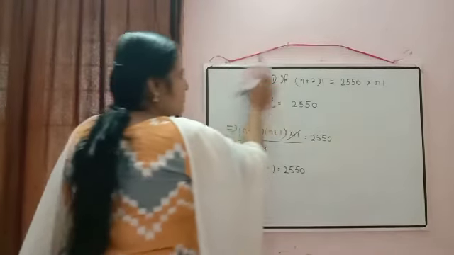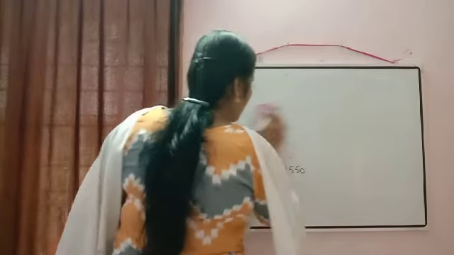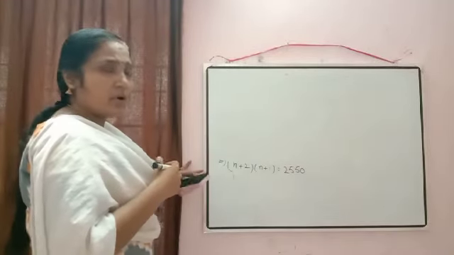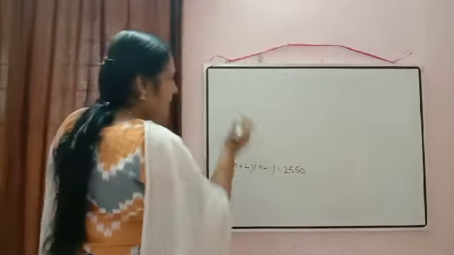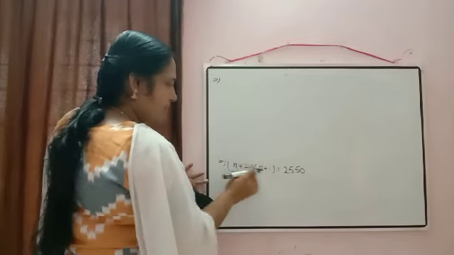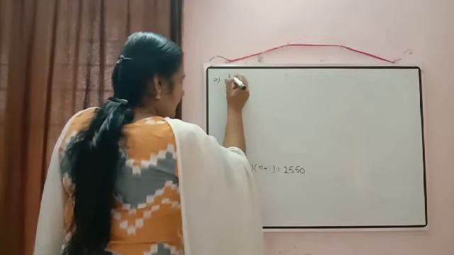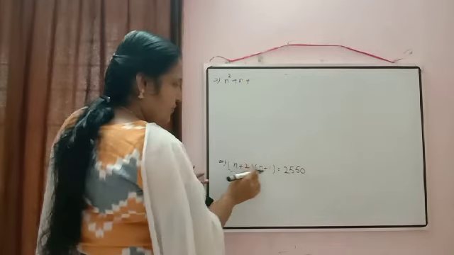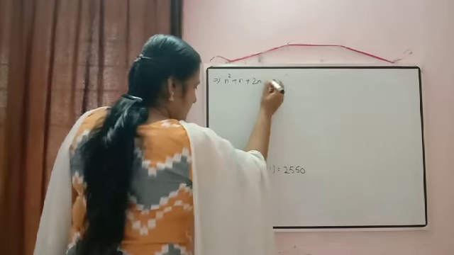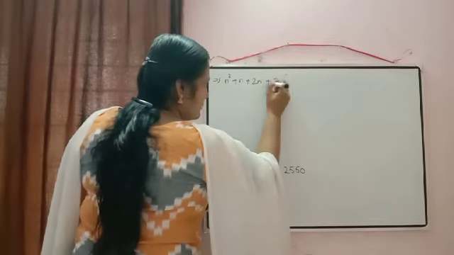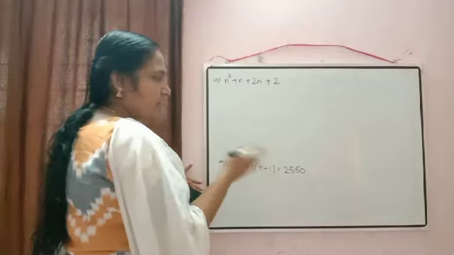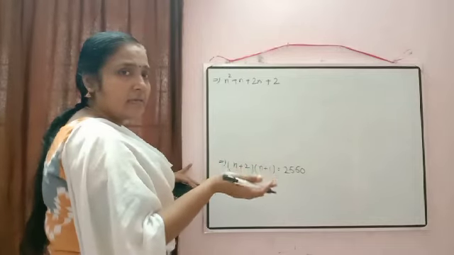Now to solve this type of question, two methods are there. I will explain both methods. Use whichever one is easy for you. First, our own method of using the quadratic formula. We can multiply here: n into n square, plus n into 1 will be n, 2 into n will be 2n, plus 2 into 1 is 2. Whenever we get a quadratic equation, we make the right hand side equal to 0.